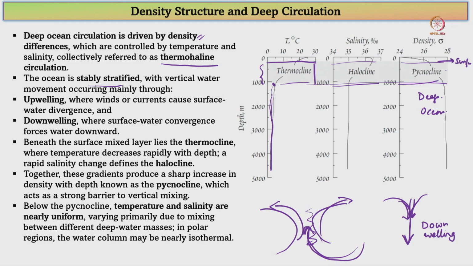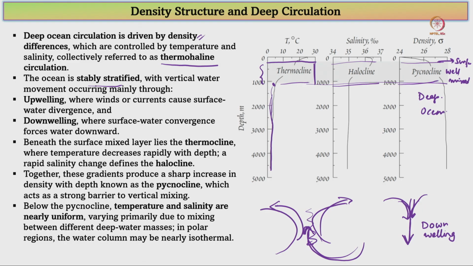The surface well mixed layer, and this particular thermocline, pycnocline layer, it is like a boundary, it does not allow a lot of mixing. Only what can happen is particles settling down. And where there is mixing, there can be a break.